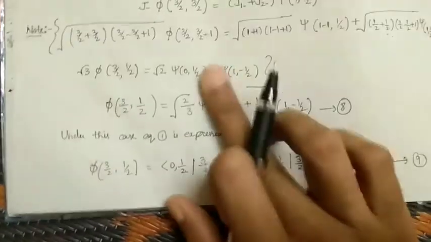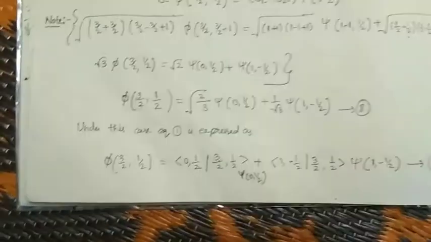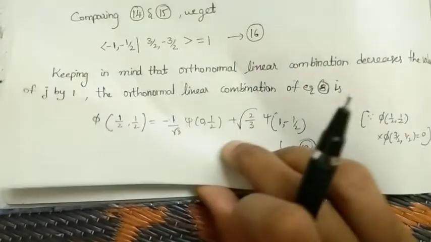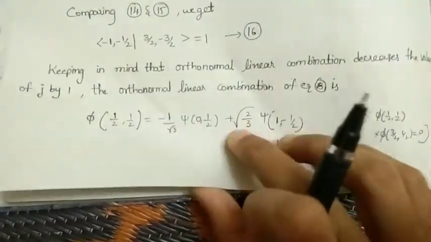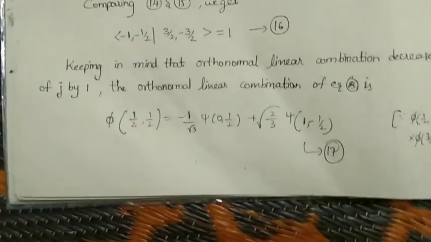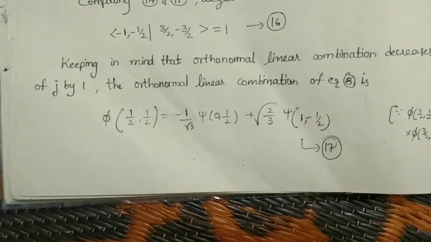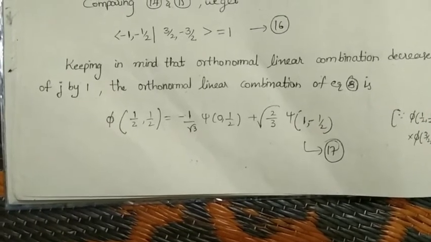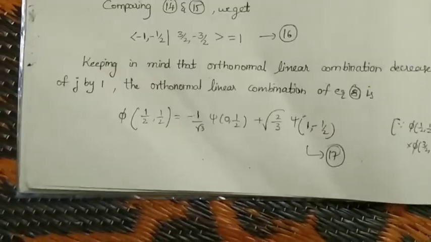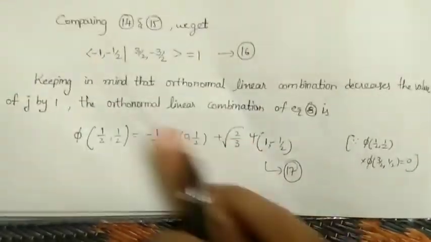And these coefficients multiplied together, we should get 0. These are the same, and this coefficients of root 2 by 3, minus 1 by root 3. Why we are taking minus here means so that cancellation takes place finally, so that integration of phi j phi i star d tau equals 0, in order to satisfy that orthonormality condition. Hence we are having here minus 1 by root 3.